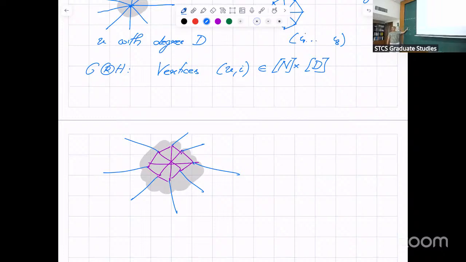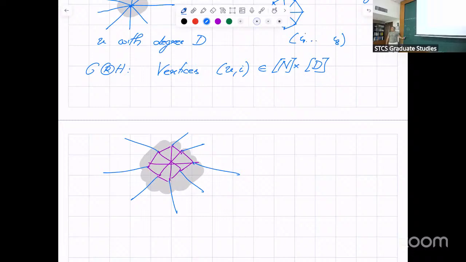But in addition to that, if the ith neighbor of U was V, and from its point of view it was J, let's call it rot G, we are going to put the edge: Ui is going to get connected to Vj.